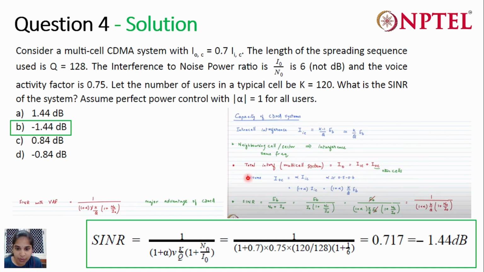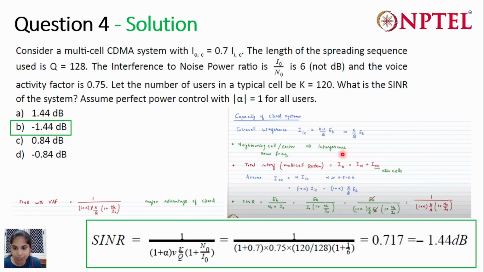Now, if we have to find the total interference in the multi-cell system, I naught is IIC plus IOC, that is interference from other cells. IIC is kept the same and IOC is taken as alpha into IIC.